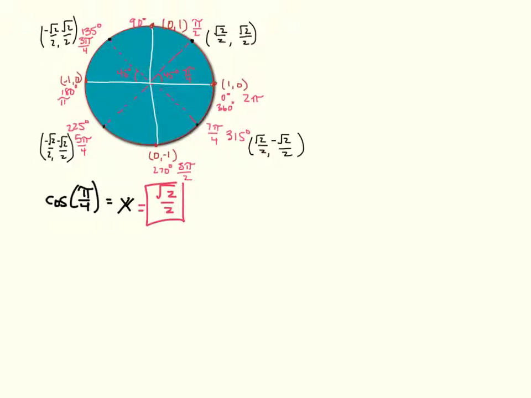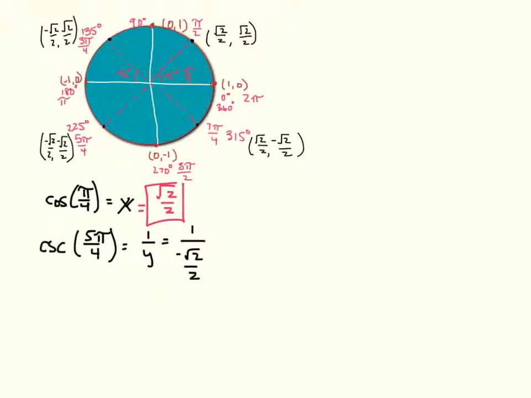If I wanted to find the cosecant of 5 pi over 4, the cosecant is 1 over the sine, so this would be 1 over y. At 5 pi over 4, that's 1 over this y value, negative square root of 2 over 2.